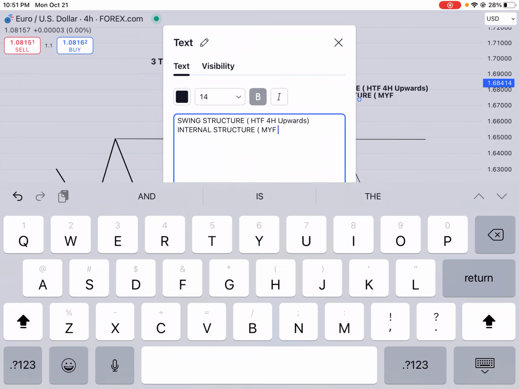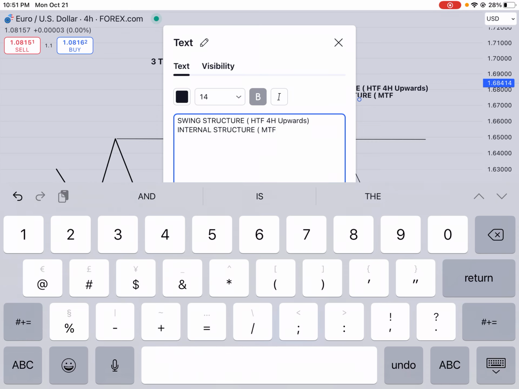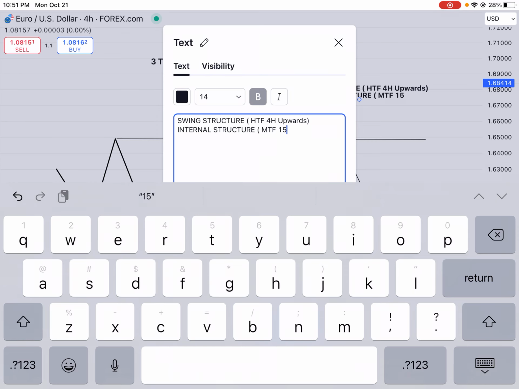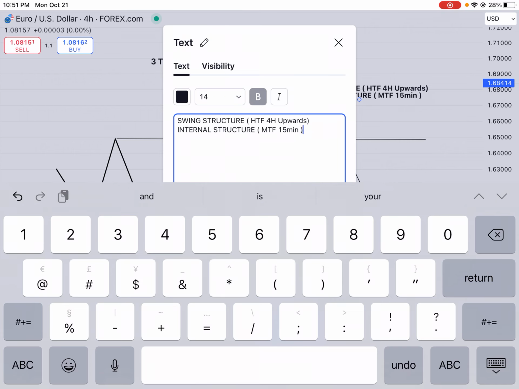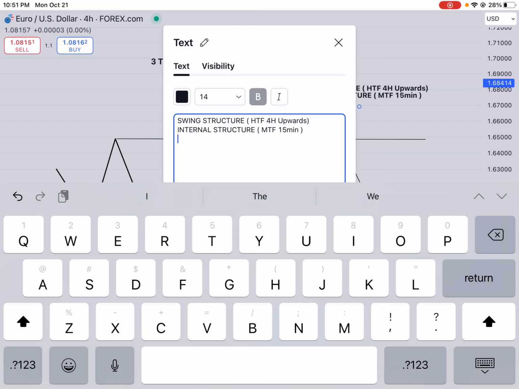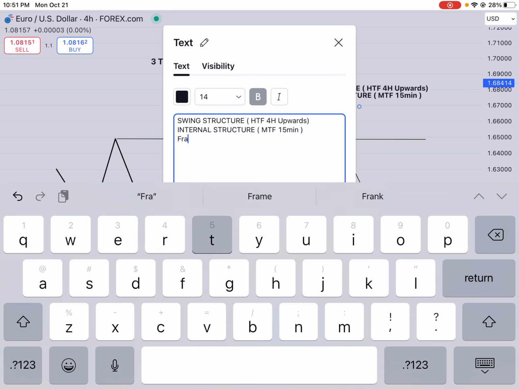That is maybe probably 15 minutes downwards. Let's say if you use 15 minutes, then we have the fractal structure.